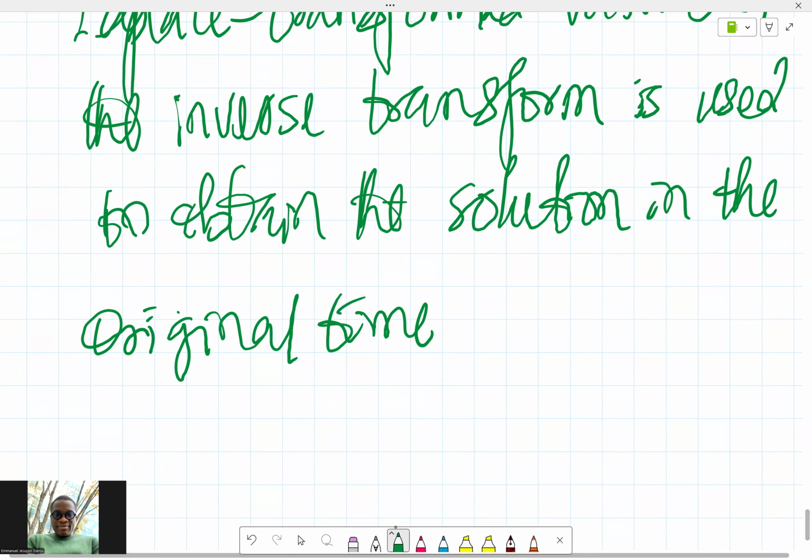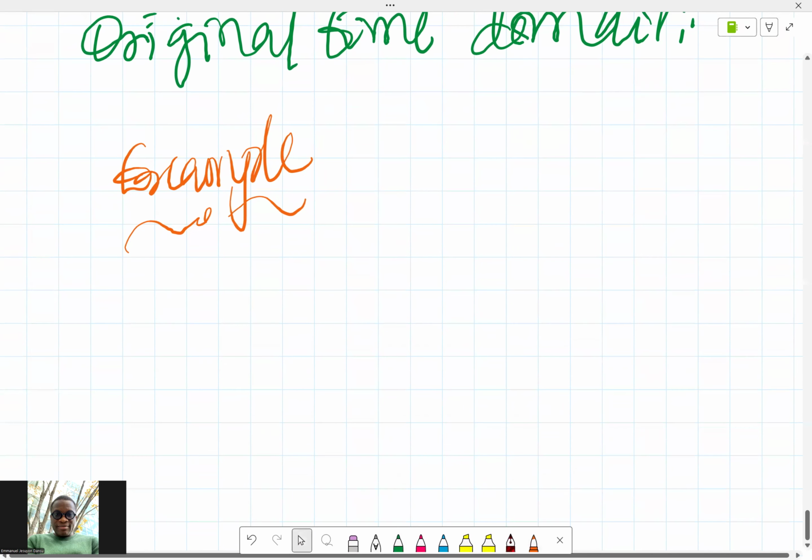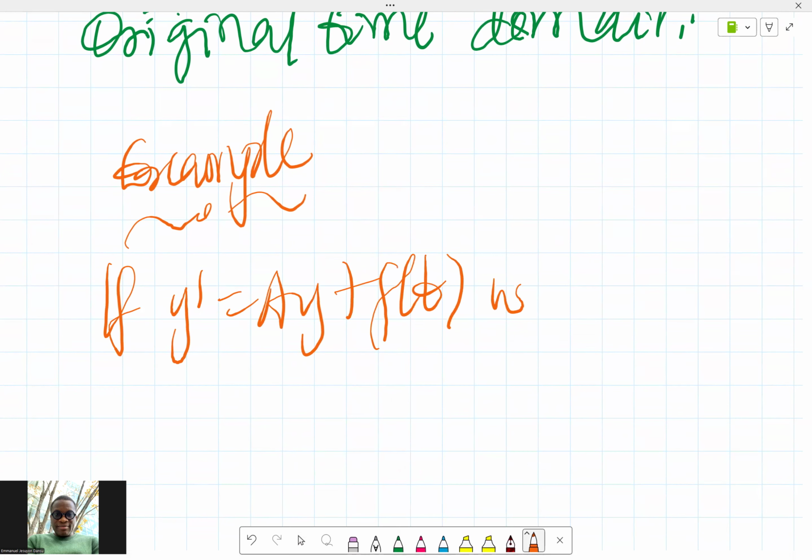Okay, so a good example is if y prime is ay plus f of t. Now the beauty of this one is that it also incorporates initial conditions, so you get particular solutions at the end of the day.